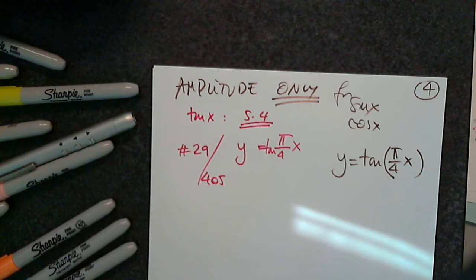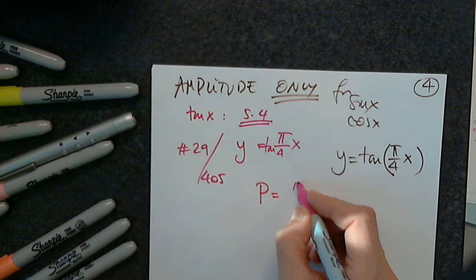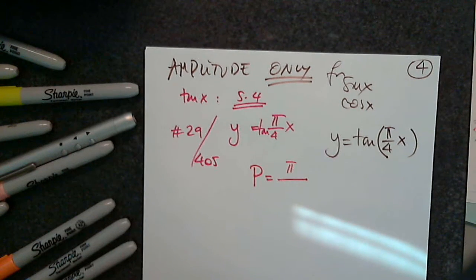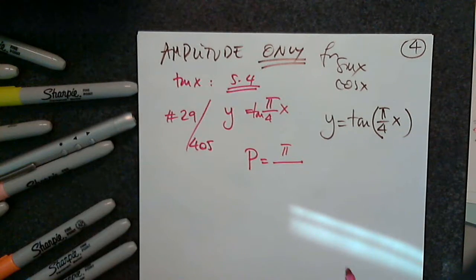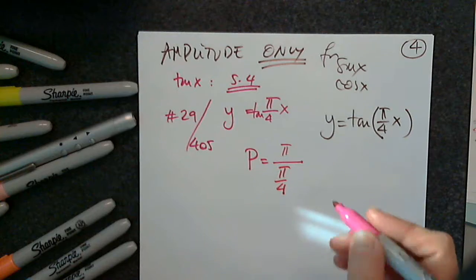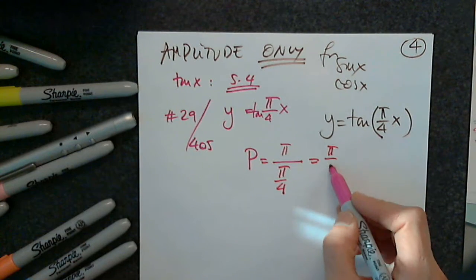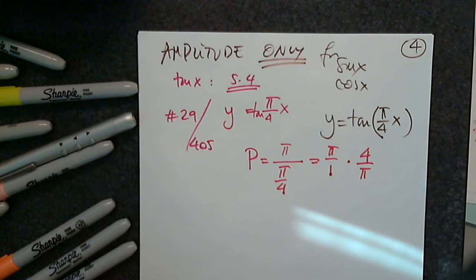Good. So first we have to determine the period. Exactly how we did it for sine and cosine. But this time it's not 2 pi over, but it's pi over the number that multiplies x. For sine and cosine it was 2 pi over the number that multiplies x. So pi over what? Pi over 4. I have to flip because the top is pi over 1 times the denominator flipped, 4 over pi.